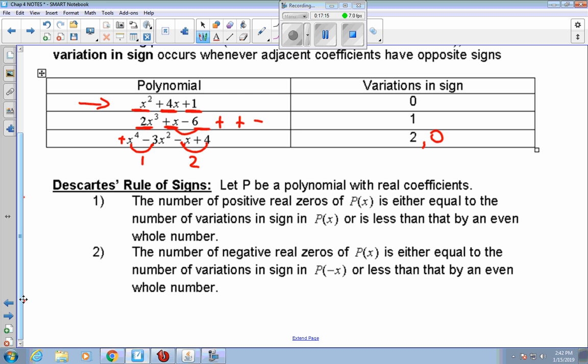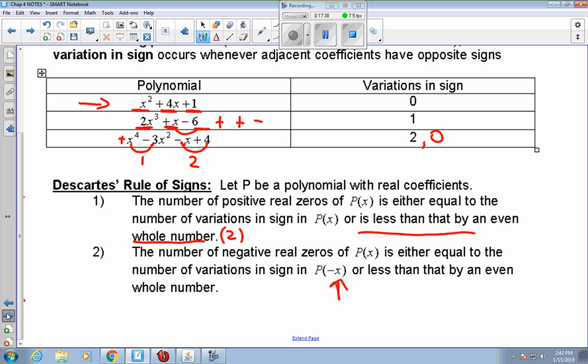Positive roots, that's what we found right up above, is equal to the number of variations or less than by an even whole number, which the even whole number is 2. To find the number of negative real zeros, you have to plug in negative x, and find out how many possible negative real zeros there are.